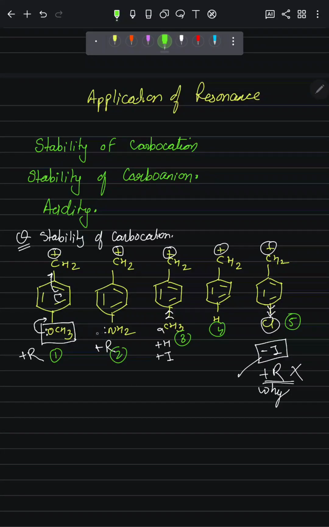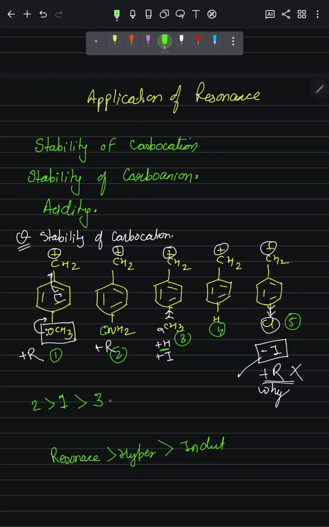Compared to these two, B is the stronger donating group, so second will be in the first position, then first, then C third, because it donates through plus H. So if we talk about the priority order, the priority order will be resonance, then hyperconjugation, and then inductive effect.